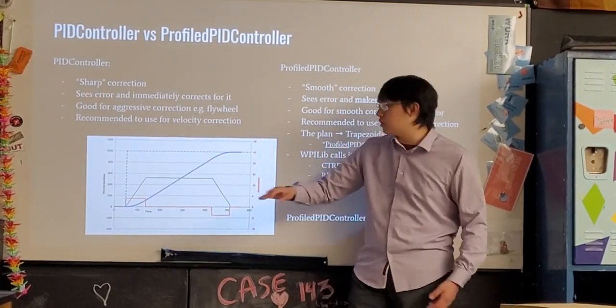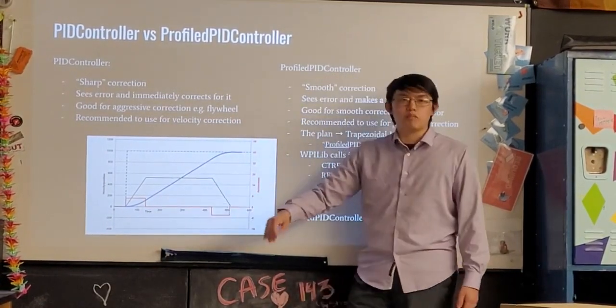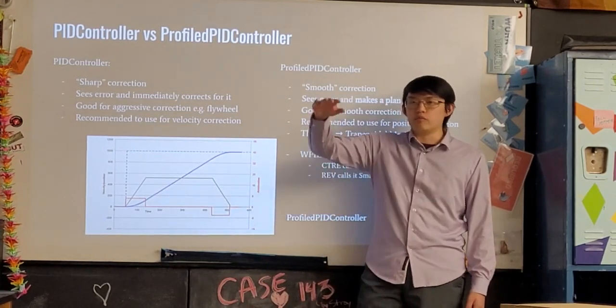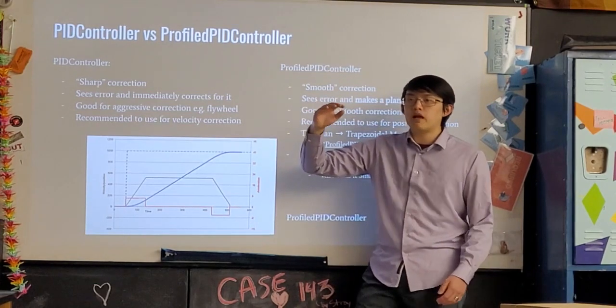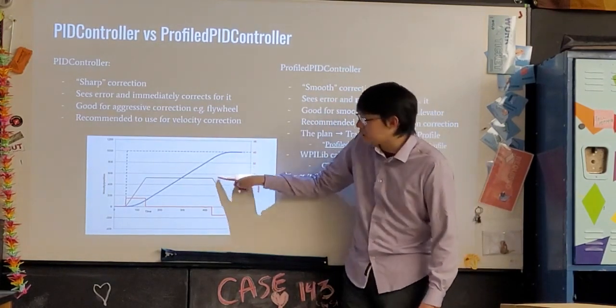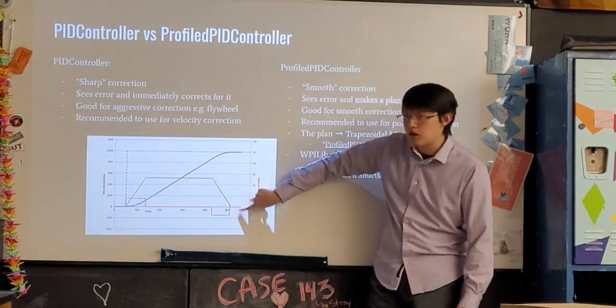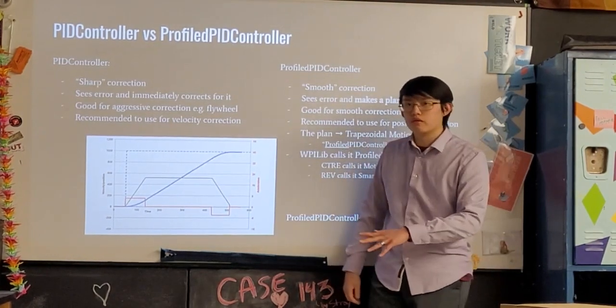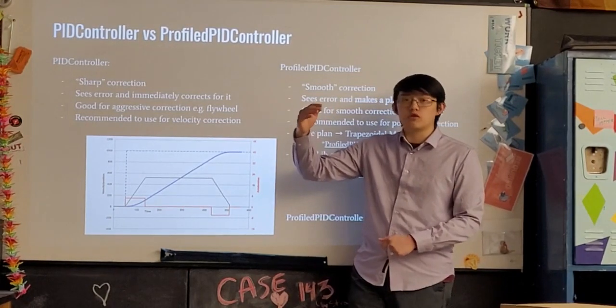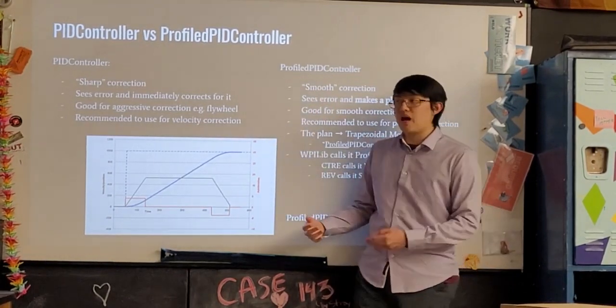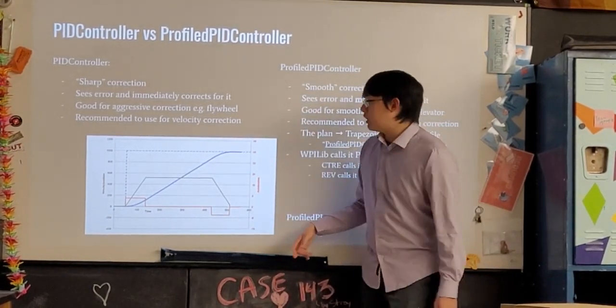So at some point between 150 and 450 milliseconds, the elevator will be going up at a constant velocity, a constant rate. And then once it's close to its set point, it will decrease the velocity, saying slow down, so that you don't overshoot.